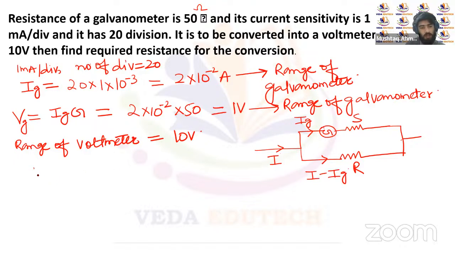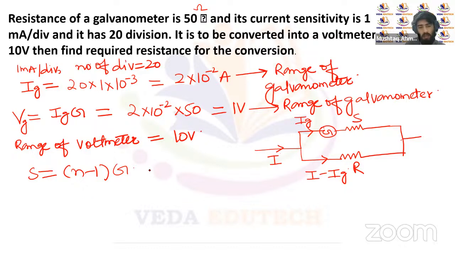And this shunt resistance, or this resistance, was calculated as n minus 1 multiplied by G, right? So this was the resistance calculated for the conversion of galvanometer into voltmeter.